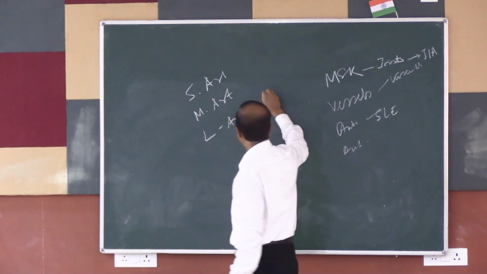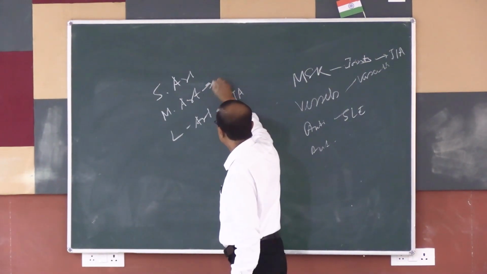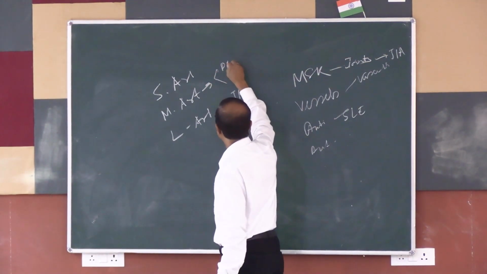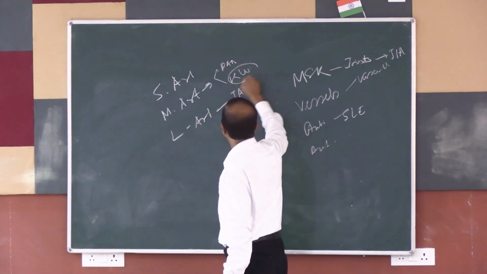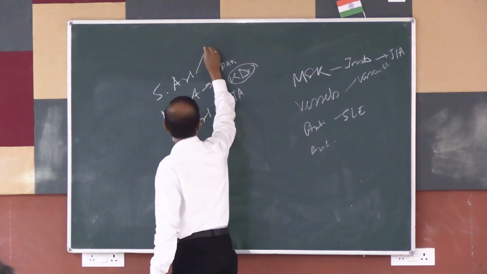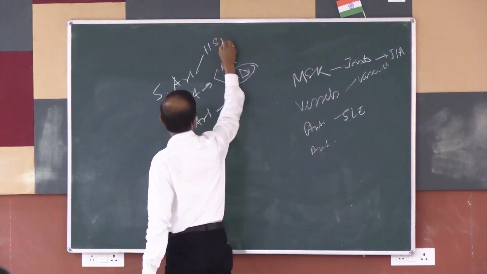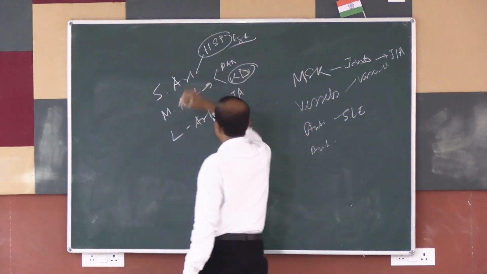The prototype large size is Takayasu, medium sized artery is polyarteritis nodosa and Kawasaki disease, and in the small size, common in the pediatric age group is Henoch-Schönlein Purpura, which is nowadays called IgA Vasculitis.